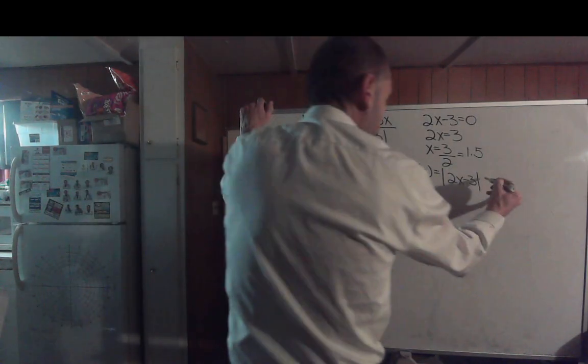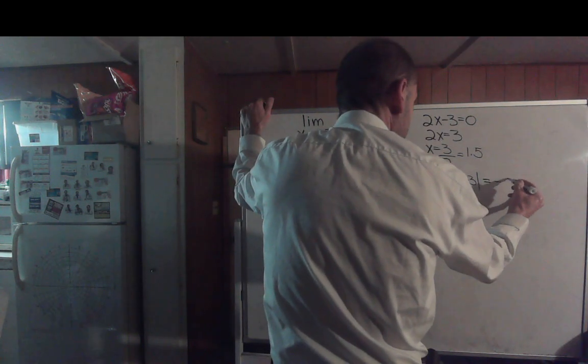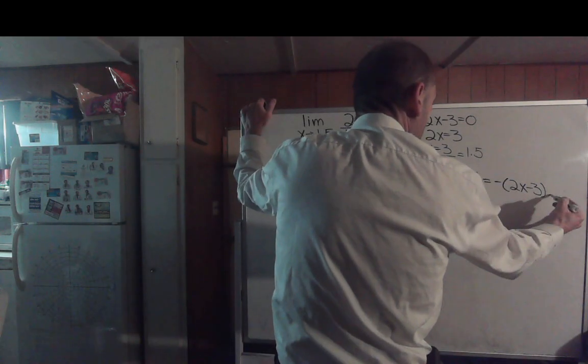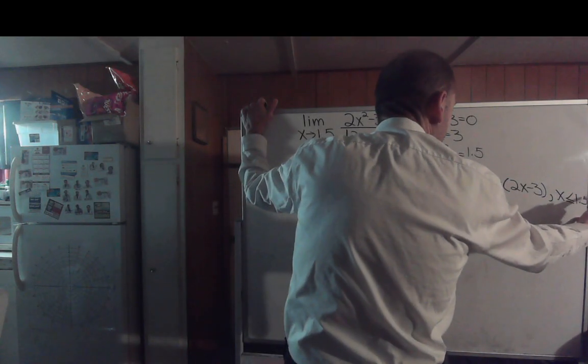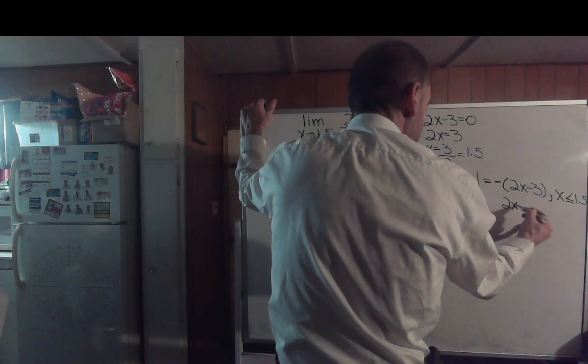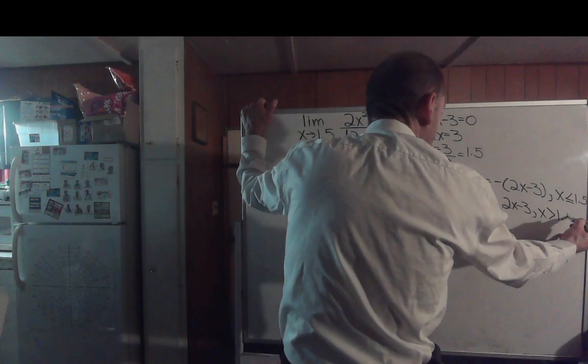That means we're going to define a piecewise function where it's equal to the negative of 2x minus 3 when x is less than or equal to 1.5, and then it's equal to the positive of 2x minus 3 when x is greater than 1.5.